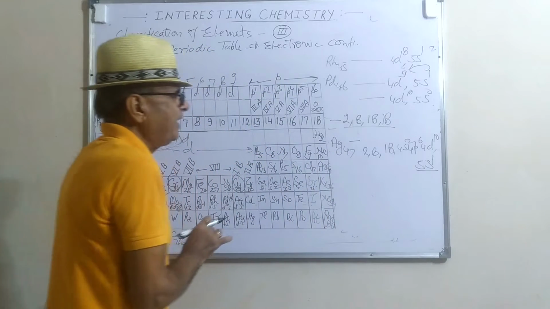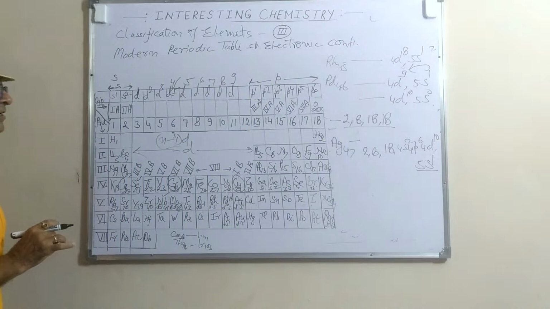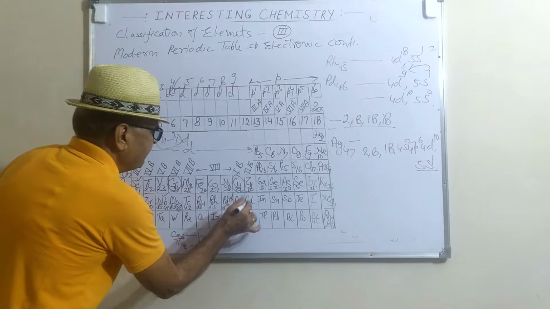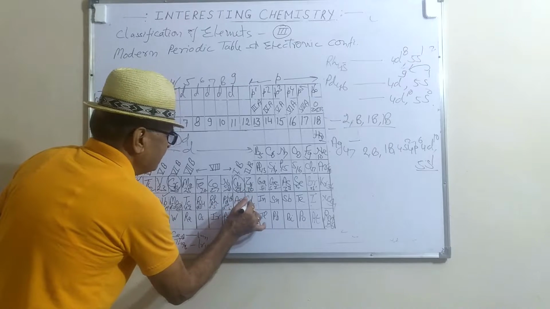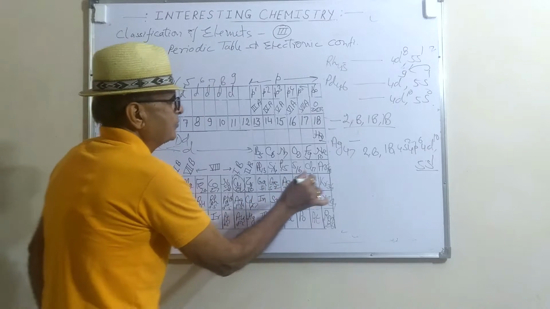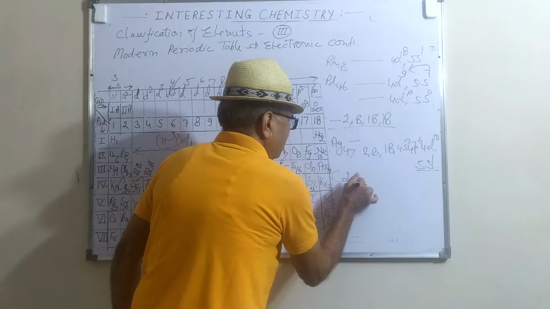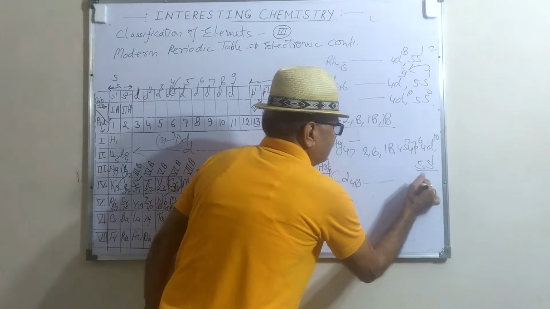This is the electronic configuration of silver. Then cadmium is 48, and this will be 5s2.